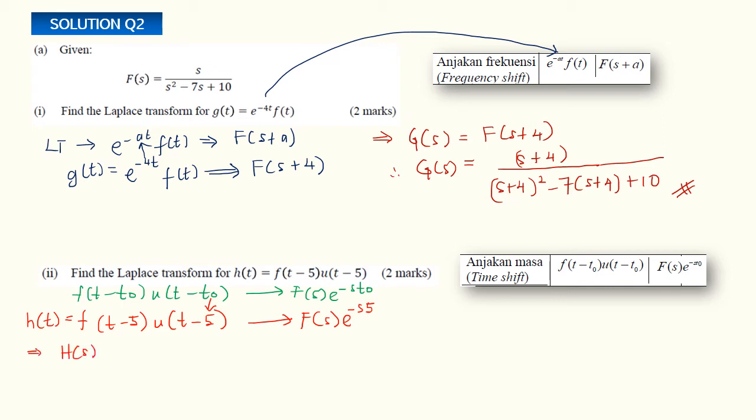H(s) is equal to F(s) multiplied with e^(-5s), in which F(s) is as given, so s divided by (s squared minus 7s plus 10) multiplied with e^(-5s). So this is your H(s), or the Laplace transform of h(t).